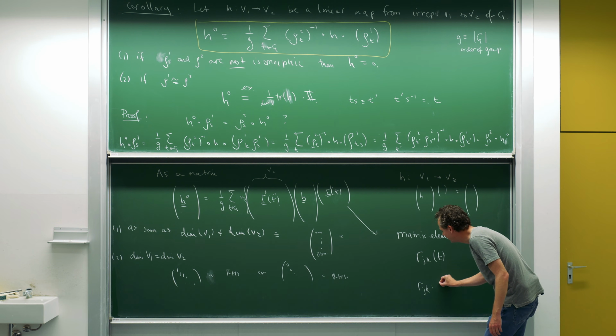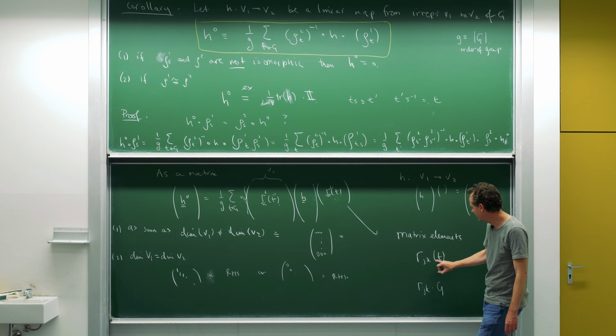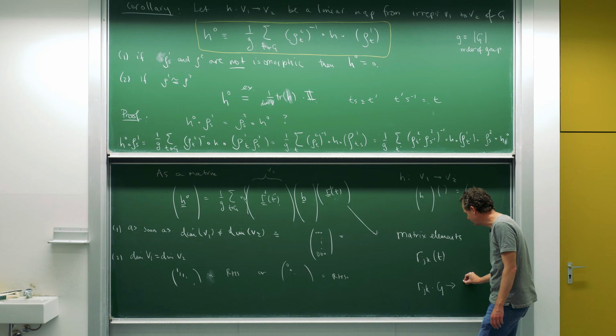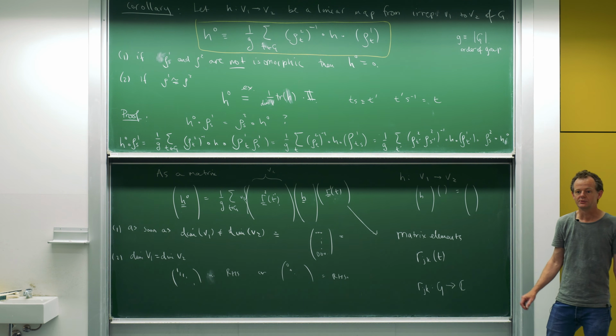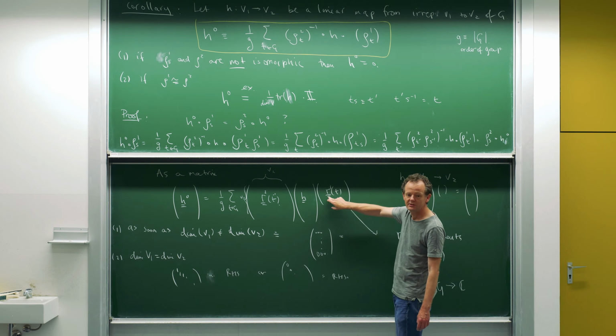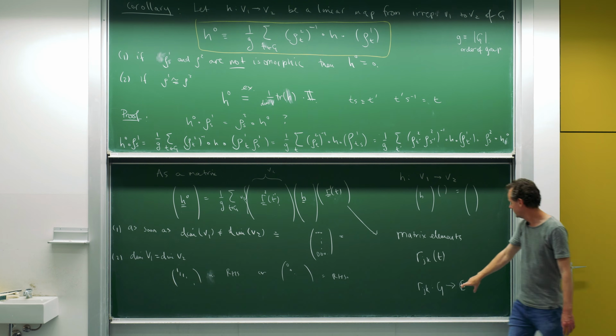RJK, you can think of that as a function on the group. RJK depends on T, the element of the group. It's really a function on the group that goes to the complex numbers. So the matrix elements of your representations you can think of as quantum mechanical wave functions on the group.